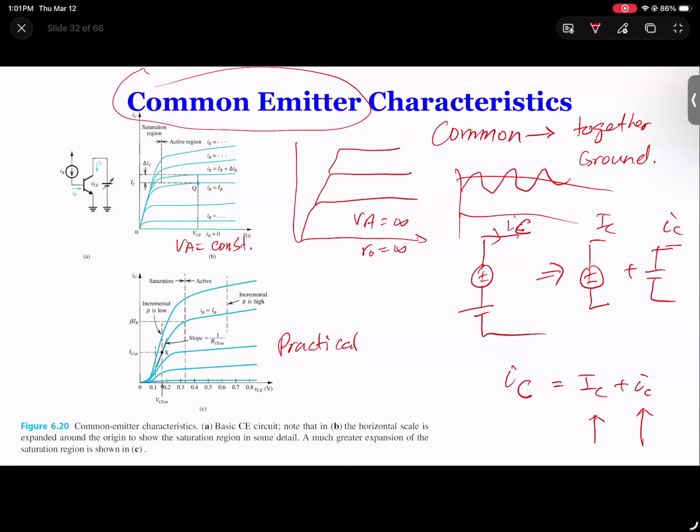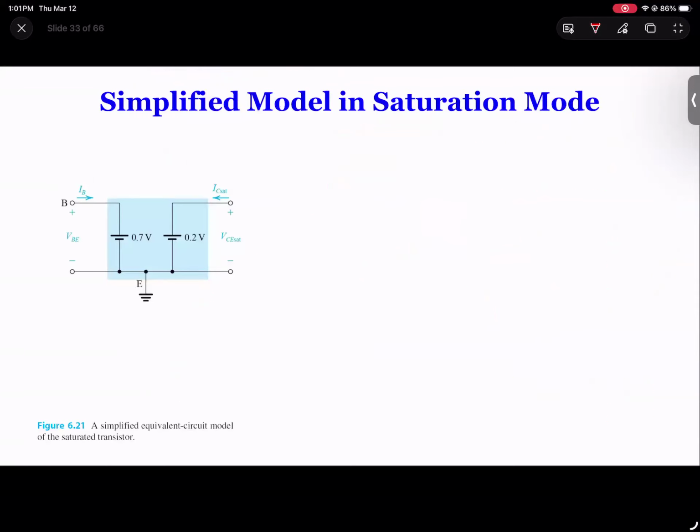Sometimes in saturation mode, remember we say VCE is less than 0.3 volts for saturation. If VCE is larger than 0.3, it's active mode.